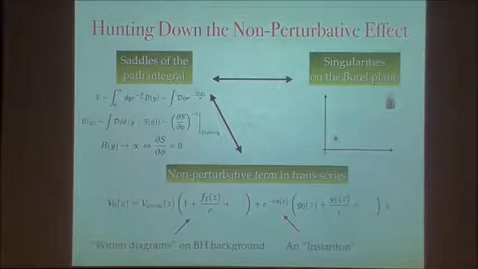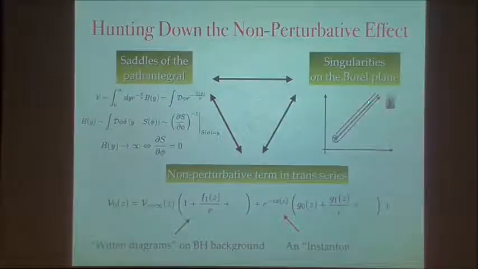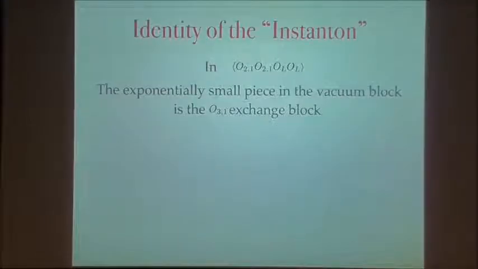So you can basically compute what this exponentially small piece is using the Borel plane just by doing a contour integral around the singularity. This is exactly what we did, and the result is somewhat surprising. In this particular 4-point function, we computed the exponentially small piece. And that exponentially small piece actually looks like another conformal block.